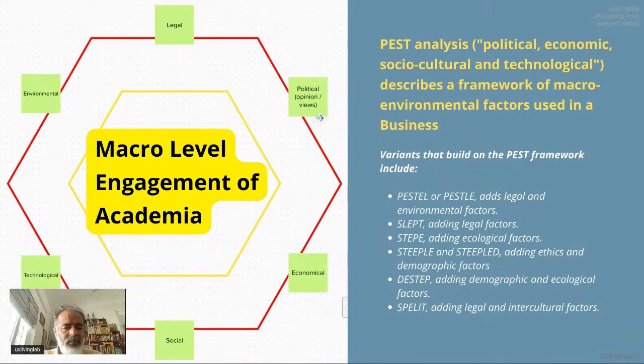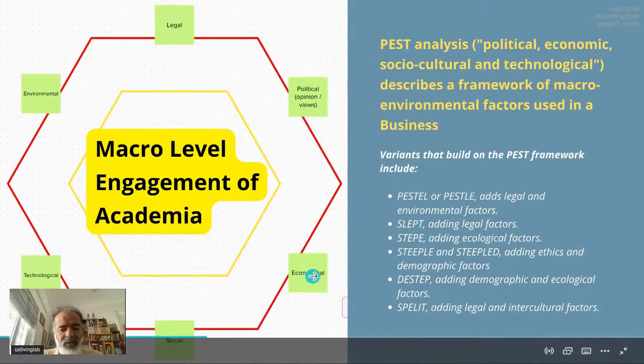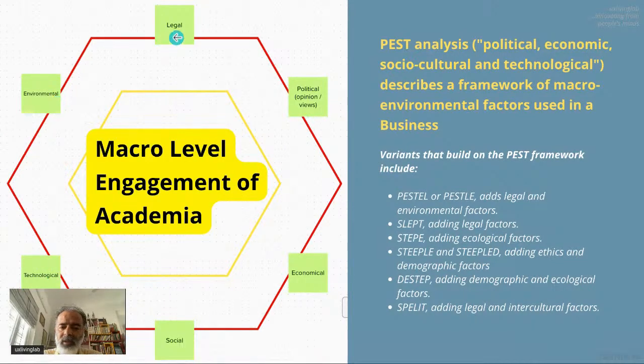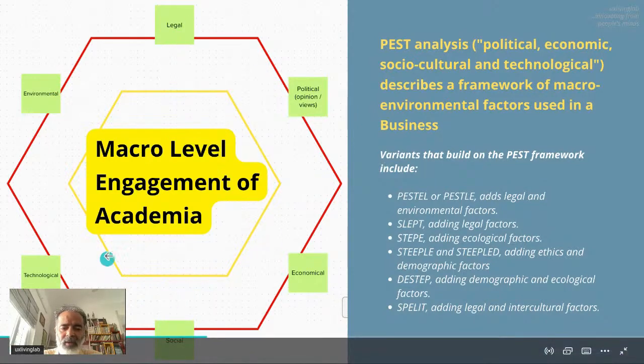Political means from government or the strategies that are beyond your control. So policies and strategies, then economical factors, the financial aspects, then social aspects, technological aspects, environmental aspects, and legal aspects. That is the six components.